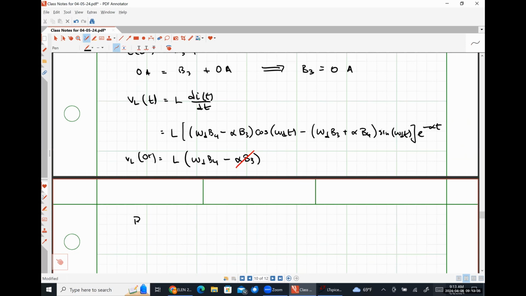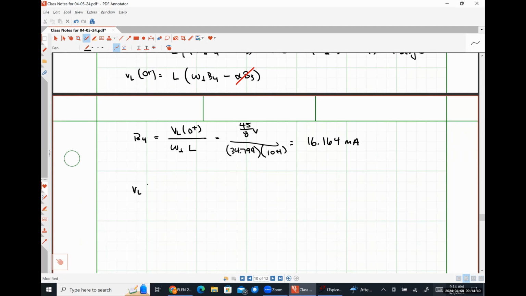So from that, B4 is just going to be VL at 0 plus divided by omega d times L. So that is 45/8 of a volt divided by 34.799 per second times 10 henries. I get 16.164 milliamps.